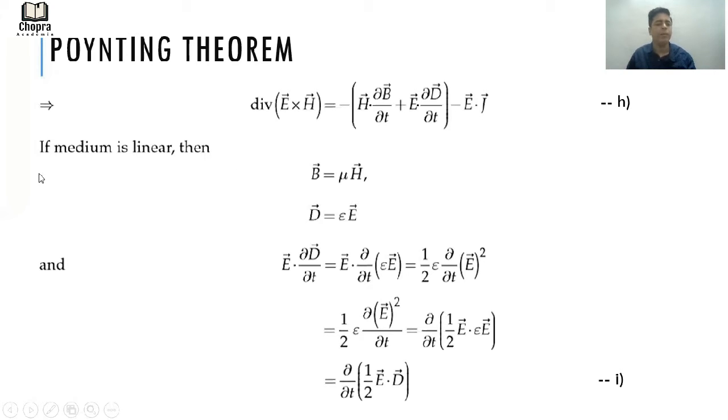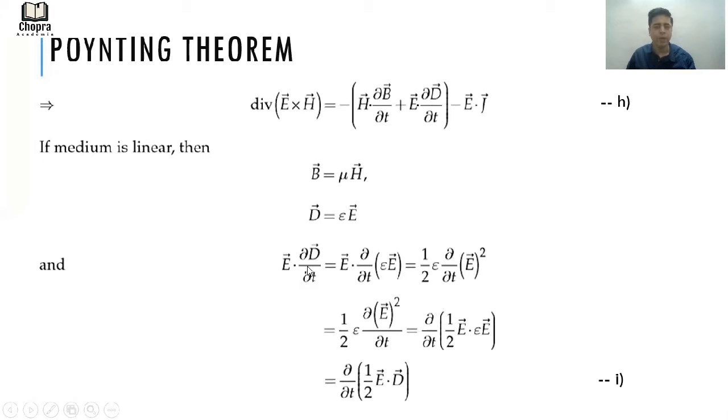Now if the medium is linear, we will have these linear formulae: B is equal to mu H and D is equal to epsilon E. Now we will just try to rewrite the individual components in this equation H into some more meaningful form. So how do we do that?